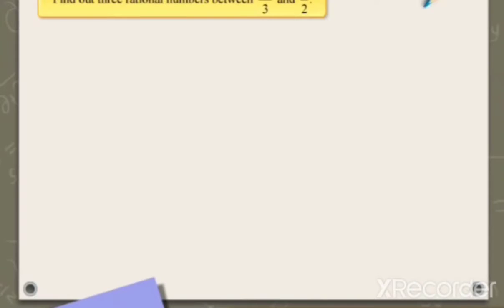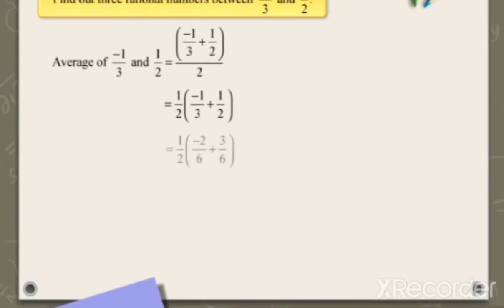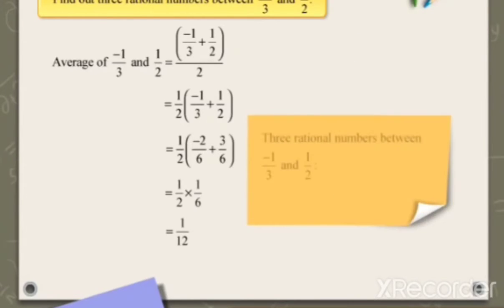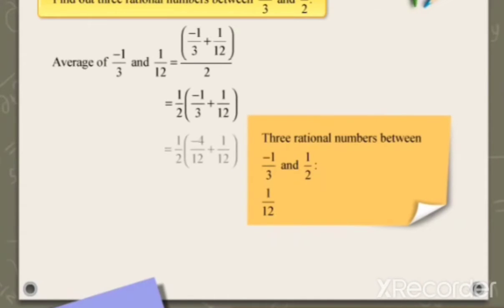Here's another example. To get the first rational number between -1 upon 3 and 1 upon 2, we will first find out the average of the given numbers. This is equal to 1 upon 12. Now, we will find out the average of -1 upon 3 and 1 upon 12 to get a rational number between these two numbers.